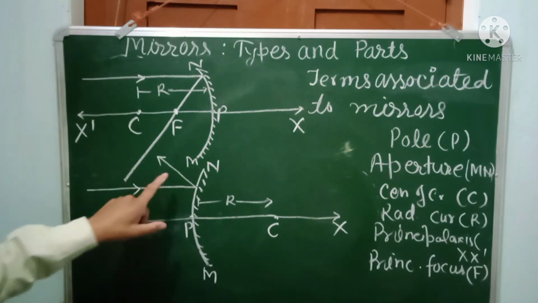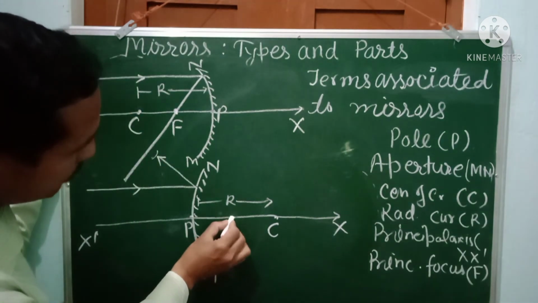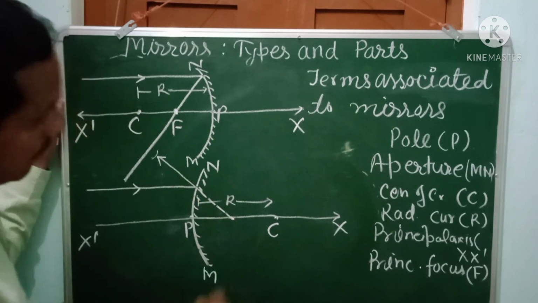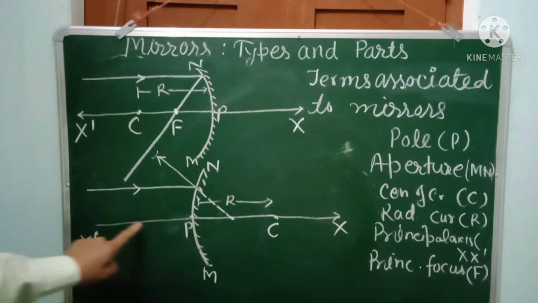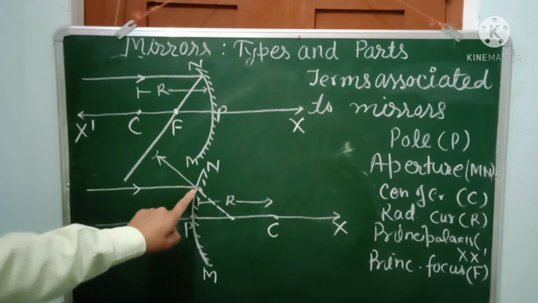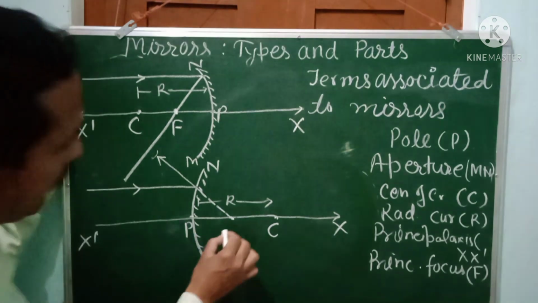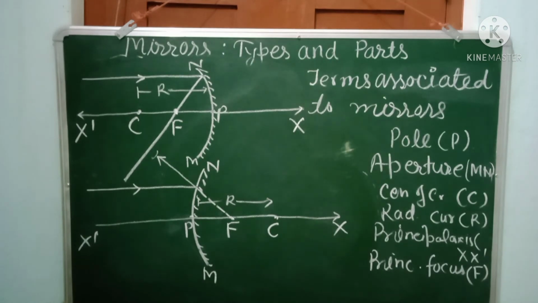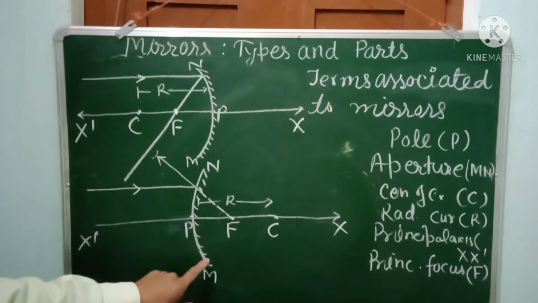When we see this ray from here, it appears to be coming from this point. Now, a ray parallel to the principal axis after reflection by the convex mirror appears to come from a point F on principal axis. This point F is called principal focus of convex mirror.